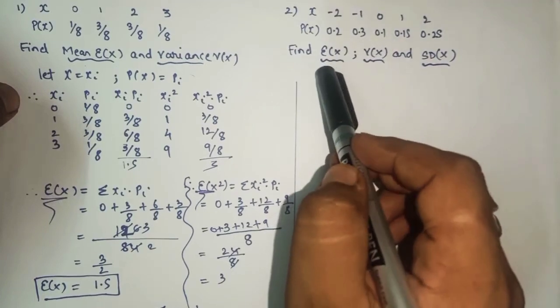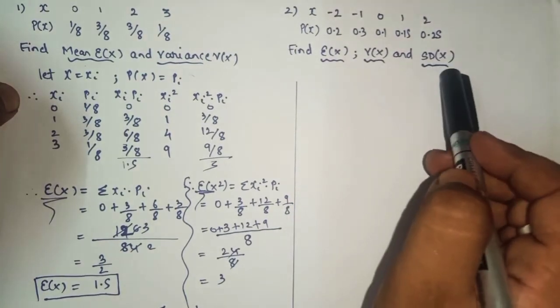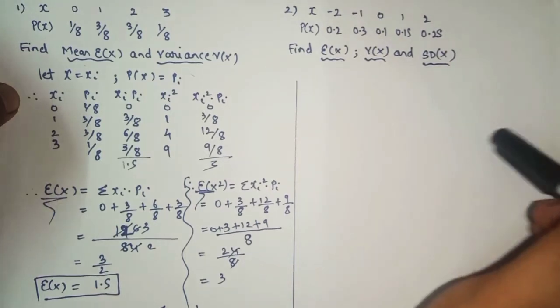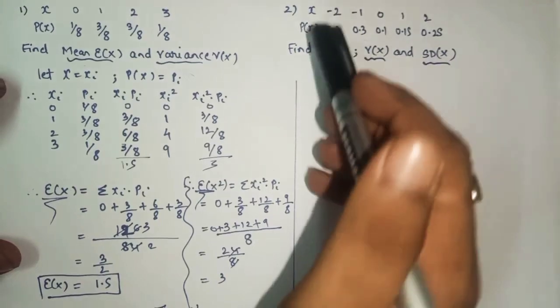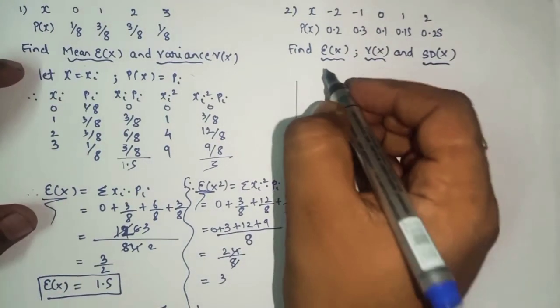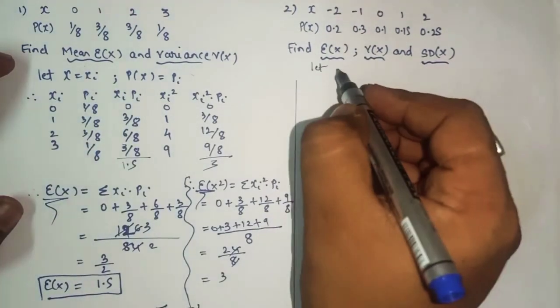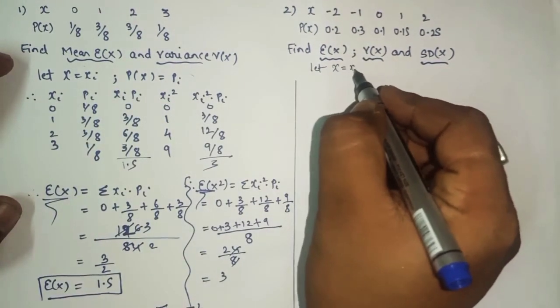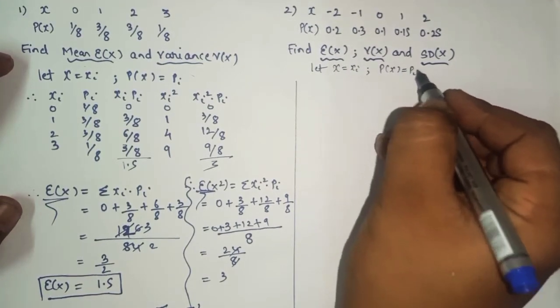again how to find the value of E of x, V of x, and even in this example we'll see how to find the value of SD. So here we have the value of x and p of x. So we'll write the first step as let x equal xi and p of x we'll take as pi.